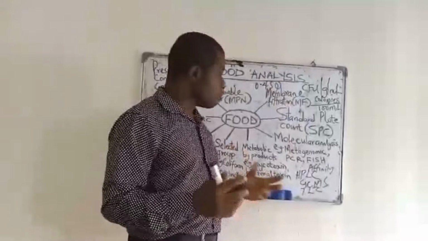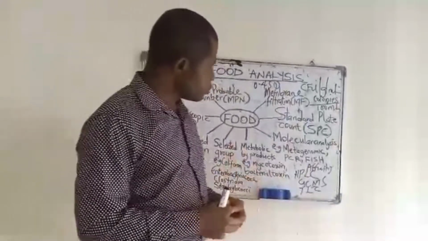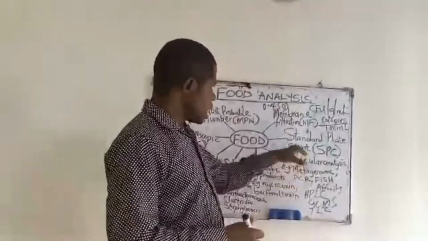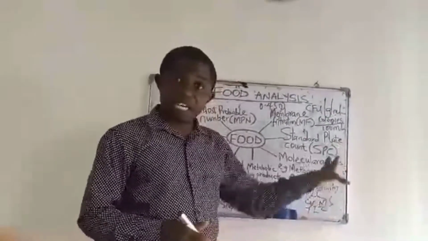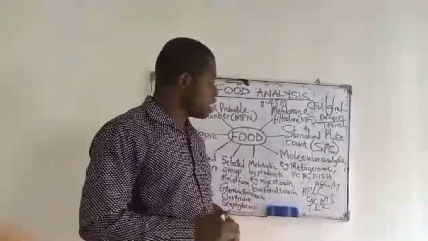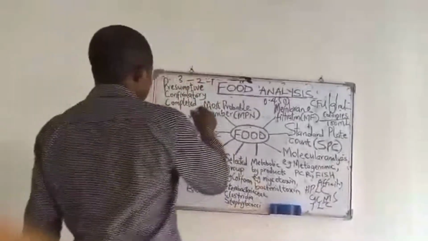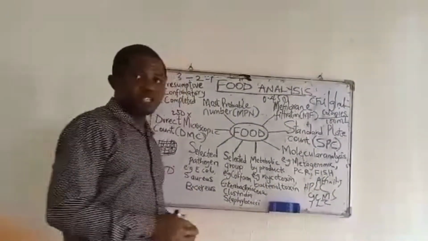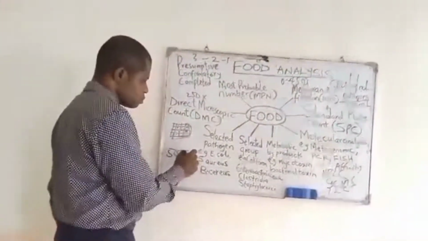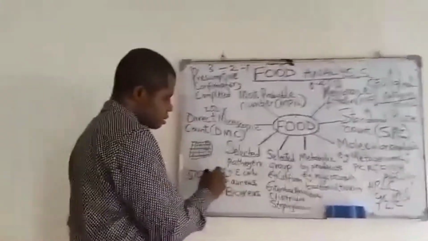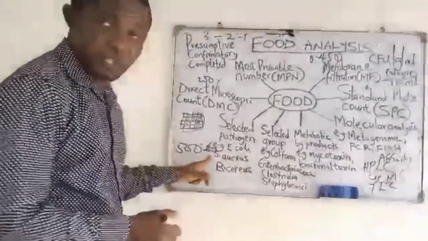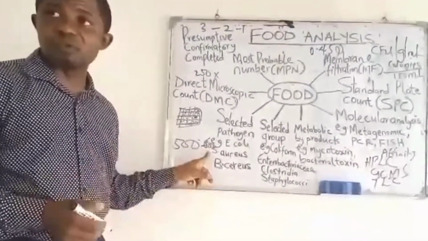For instance, I have a food product, a grain, and I want to do SPC. I carry out that SPC on that food, and in the Pharmacopeia, the limit is 500 to 600 CFU per gram.